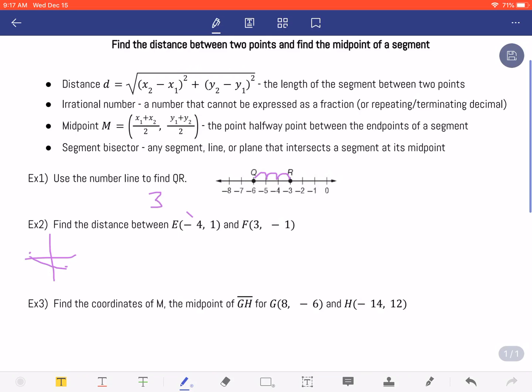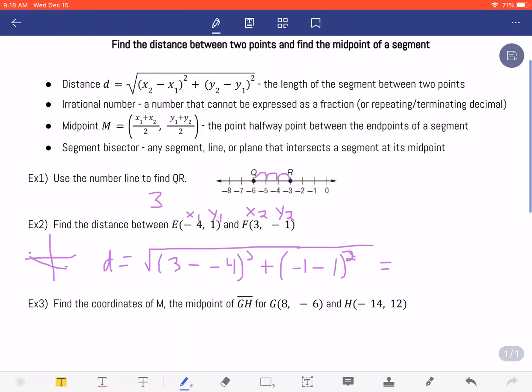I'm going to label these as x1 and y1, x2 and y2. And then I'm literally just plugging those into the equation. So I have x2 minus x1 squared, and then y2 minus y1 squared.